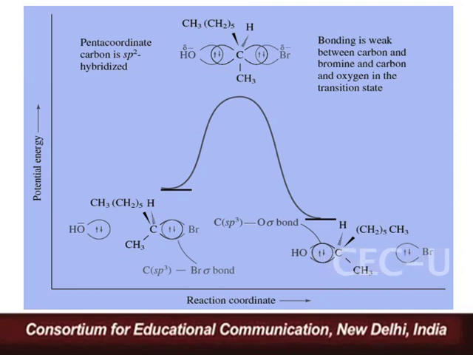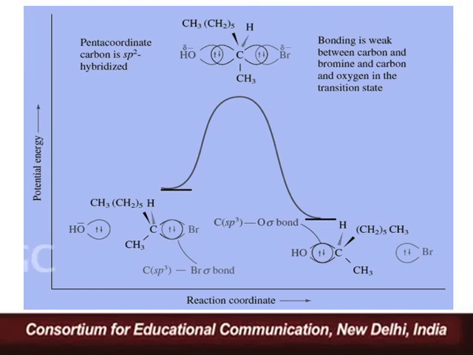As soon as we pass the transition state, the halide anion is eliminated and we get 2-octanol. And when we get 2-octanol, here again the carbon resumes its sp3 hybridization.